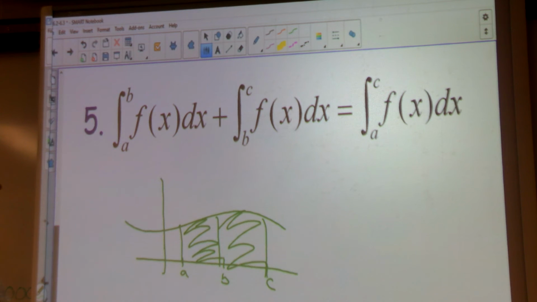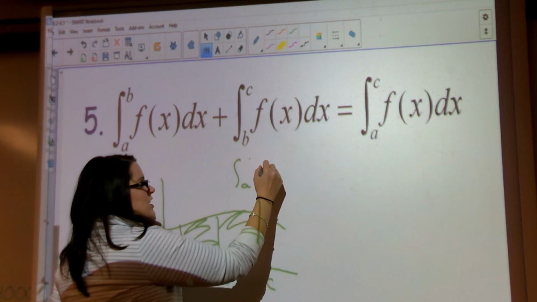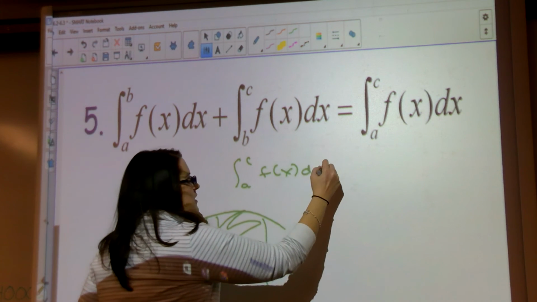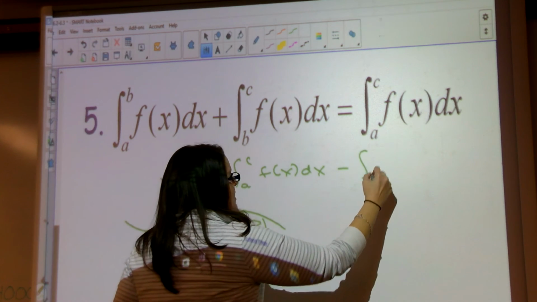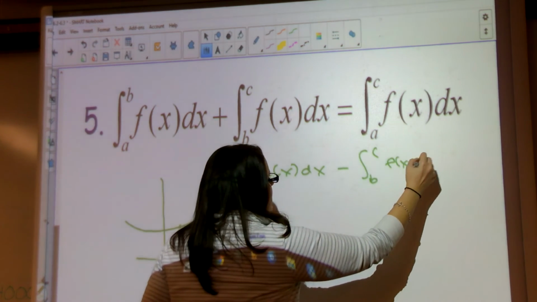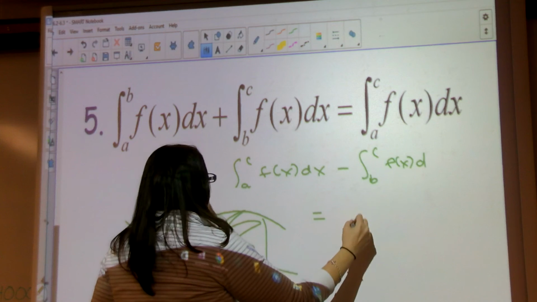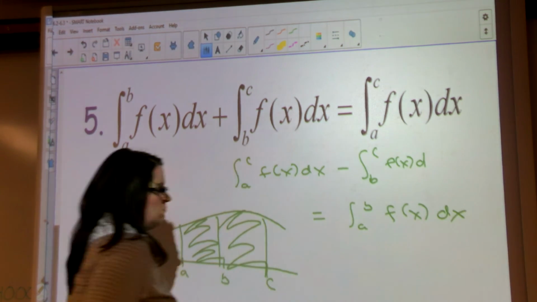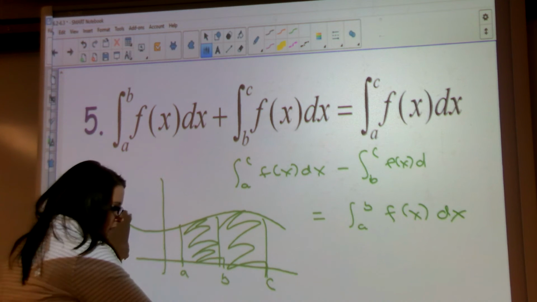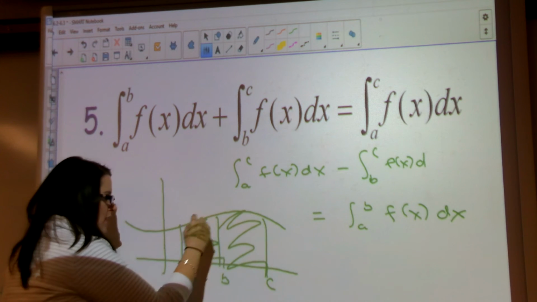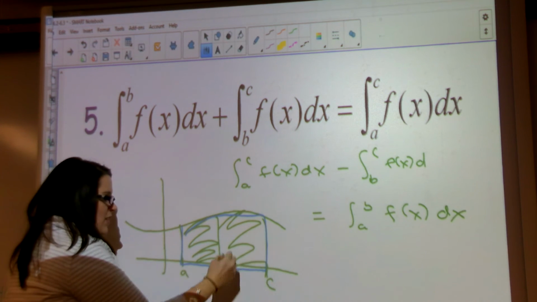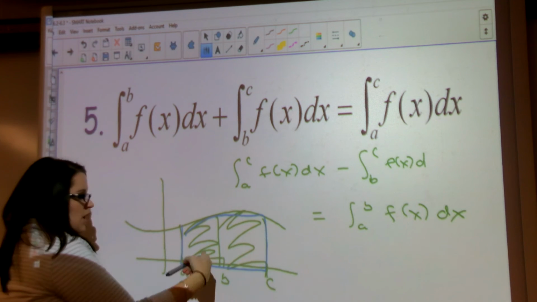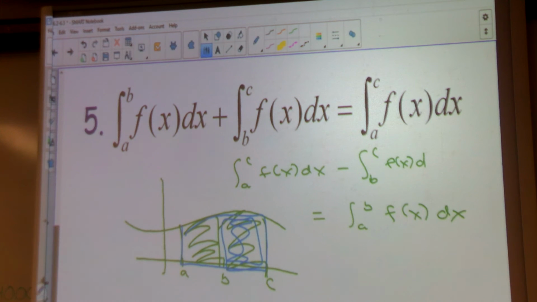This is true: the integral from A to C of f of x dx minus the integral from B to C of f of x dx is equal to the integral from A to B of f of x dx. So if I'm given this whole thing and I'm given this, I can easily find that by subtracting, correct? Yes. So you can rearrange this as well.